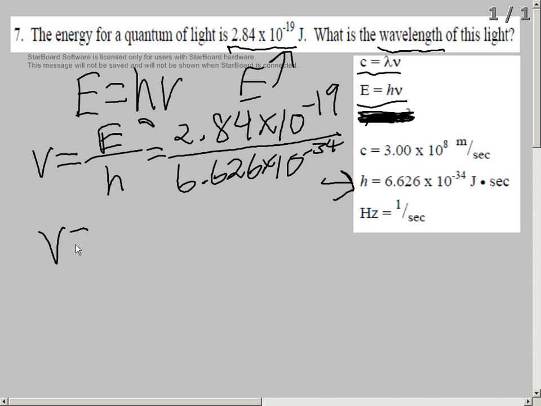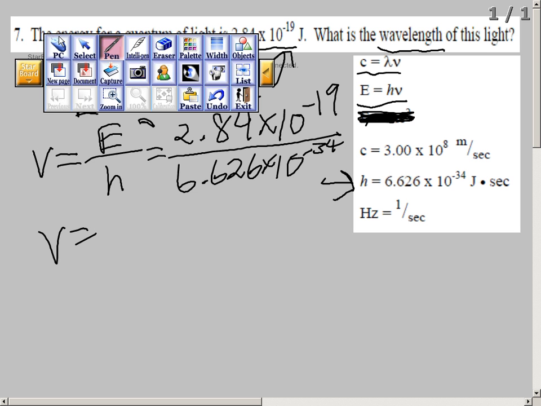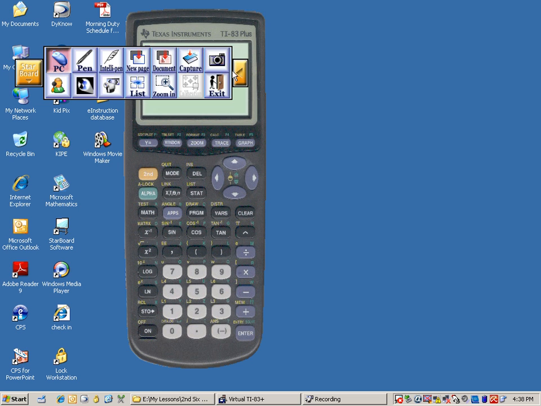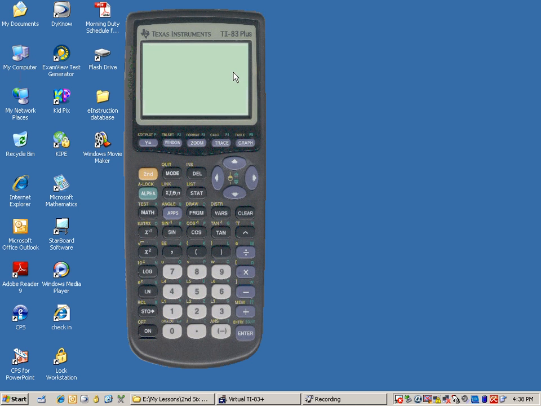Now let's switch over to my calculator. So I just plug that into my calculator. The energy was 2.84 times 10.